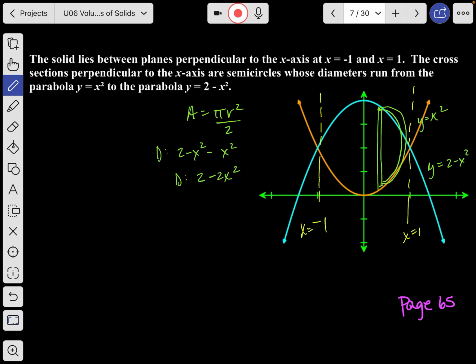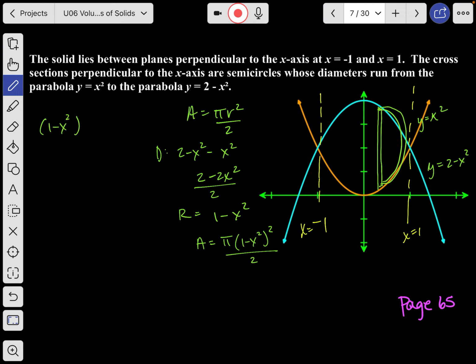Okay, so this is the diameter. If we cut it in half, we'll have the radius. So let's just divide it by 2, my radius is going to be 1 minus x squared. So now the area is pi times the radius squared divided by 2. Before I write up my integral, I'm going to expand that binomial.